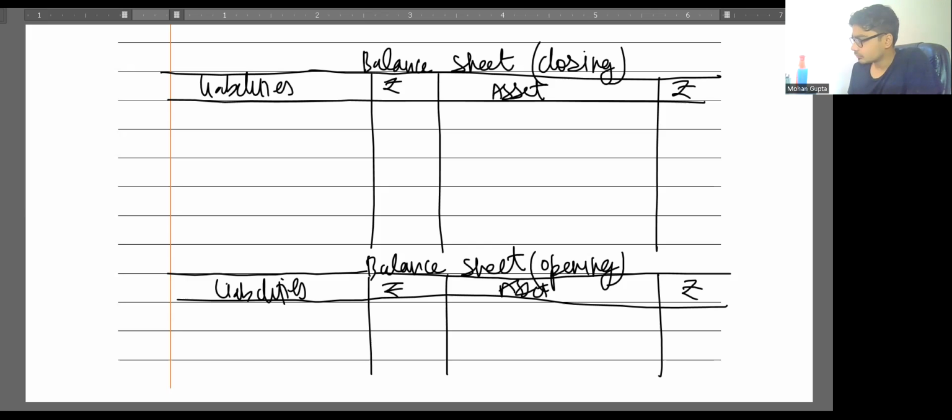No, wrong. It is subscriptions in arrear. That is an asset, yes. So in the closing balance sheet we write subscription in arrears, outstanding subscription.